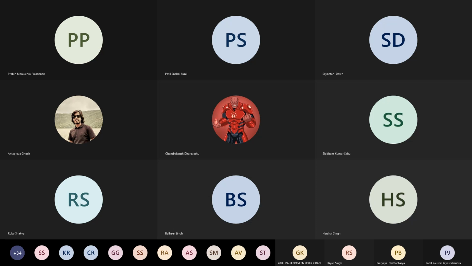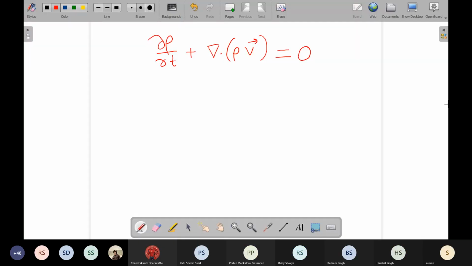Possibly we discussed this in the previous class, the derivation of this equation.